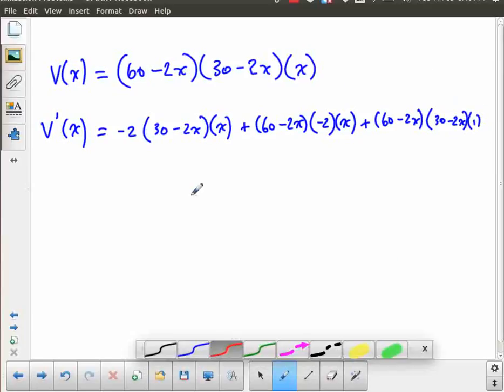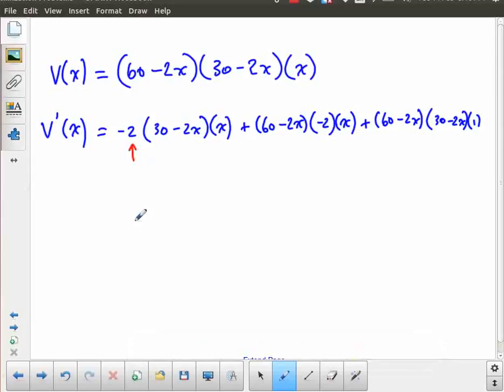So I'm just going to make a note here to say here was a derivative, here was a derivative, and here was a derivative. Now I've taken the derivative of the whole thing.